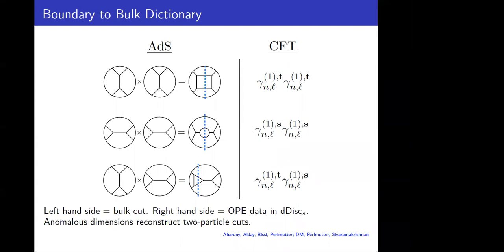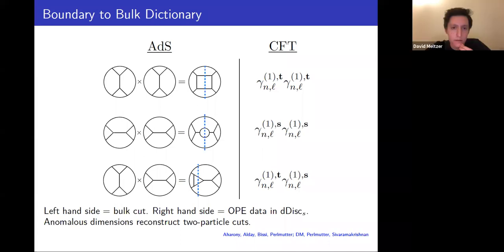I mean, in flat space, if I cut the box, I would be cutting it into something else, right? There would be a left-hand side and a right-hand side, and the left-hand side would be 2 3-point scatterings with 2 dangling ends. I mean, this is the same picture that also appeared with the Cutkosky rules.